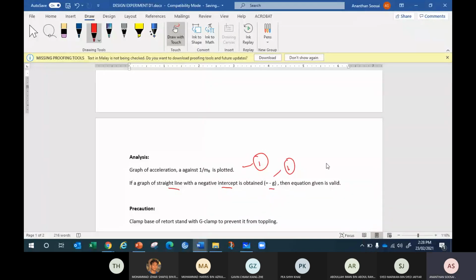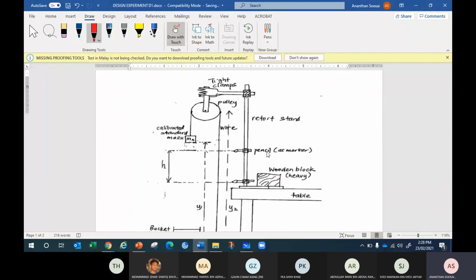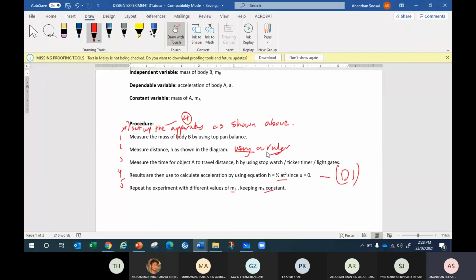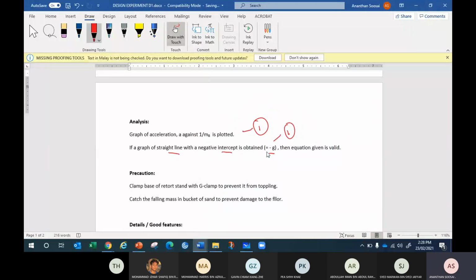Then the equation is valid. It's a straight line with a negative intercept, and the intercept is negative g. What is the gradient? You tell the gradient. The gradient is missing here. What is the gradient formula you get?